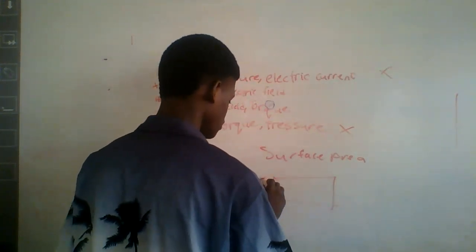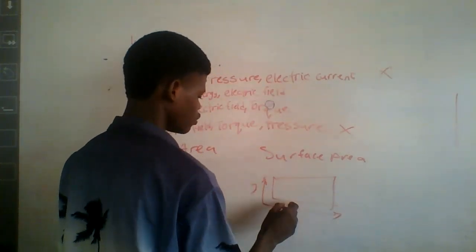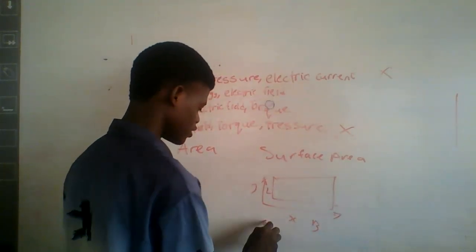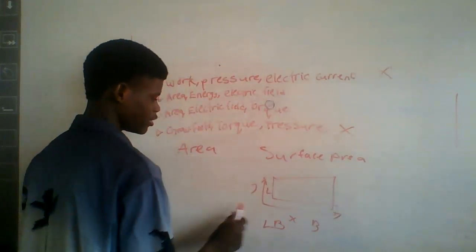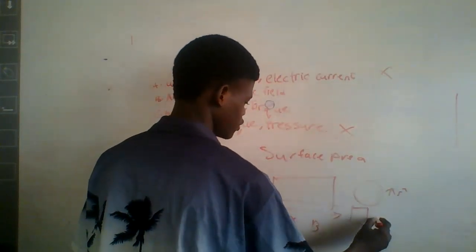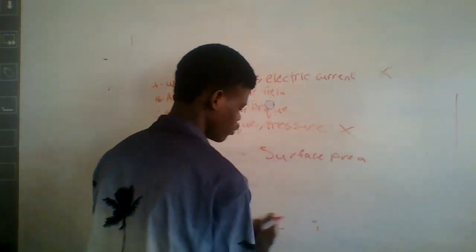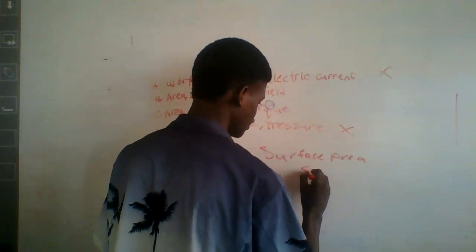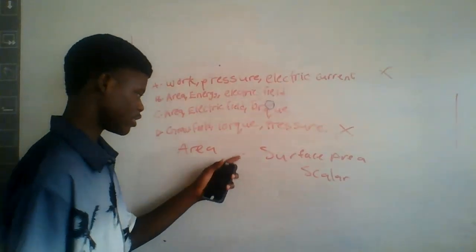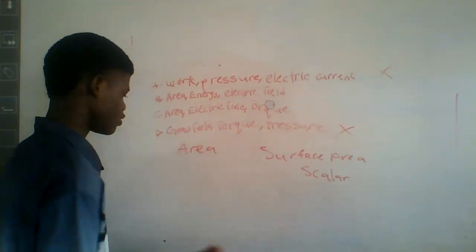You have your rectangle, you look for the area, which is the product of the length and the breadth. For a circle we have pi r squared, for a square that's L squared, for a triangle, half base times height. Those are surface areas, and surface area is a scalar quantity. But area itself is a vector quantity. Let me explain.